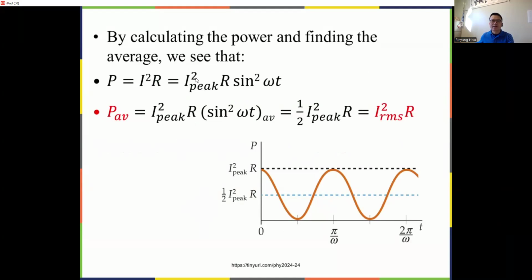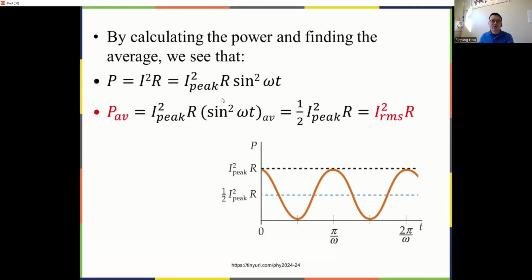If you square the expression, you get I peak squared and then sine squared omega t, times R. So it's I peak squared R sine squared omega t. For the average power consumed by this resistor, I peak is a constant number, so its square will be constant, and R is a constant. Sine squared omega t is what varies.